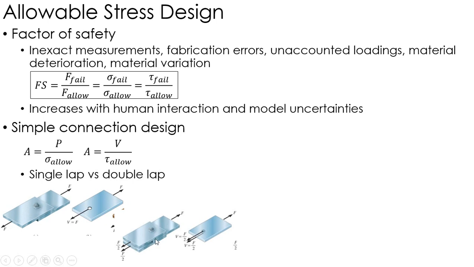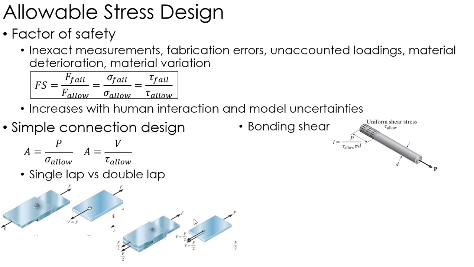Whereas a double lap like we have here, which is a pretty common situation, you see I've got one force going that way, but when I've got this double lap here, the shear force is actually half of that. So there's not as much shear force going through the bolt, because I've got two sections that it's holding. So that applied force gets reduced by half, basically.